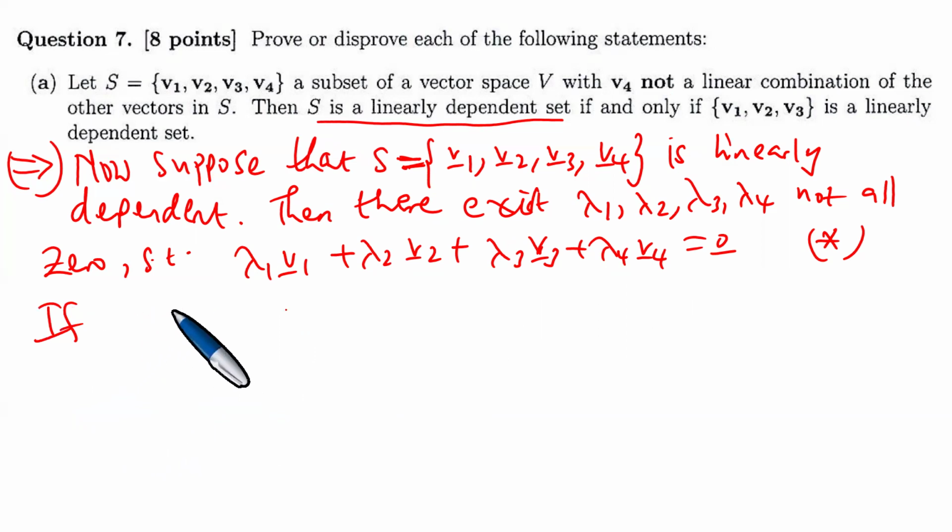Now we want to reduce these 4 vectors to 3, so we want to look at the case where we can have a 0 term here.